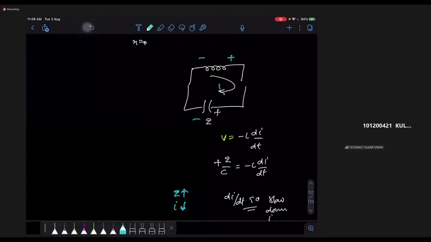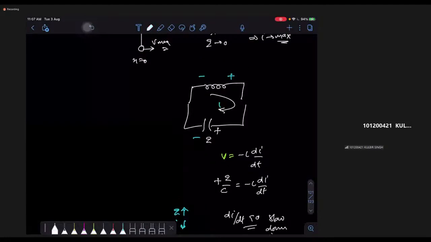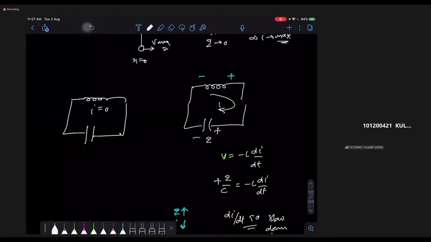I hope you understand the point, yes. So ultimately, what happens? Current is slowing down. So ultimately, current is going to go to 0. One moment comes when my current definitely goes to 0 because it is slowing down. But when current is 0, that means your dq by dt is 0.